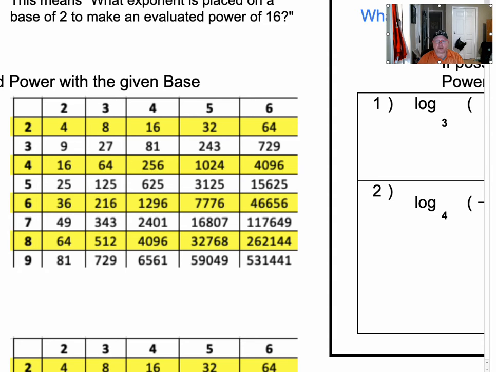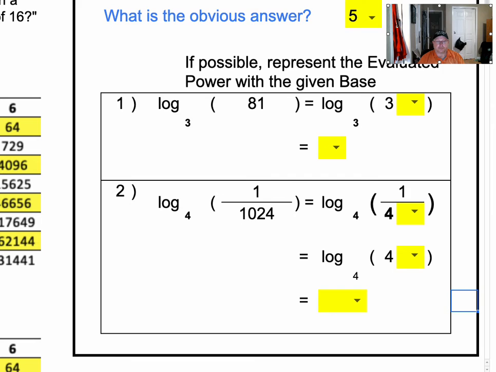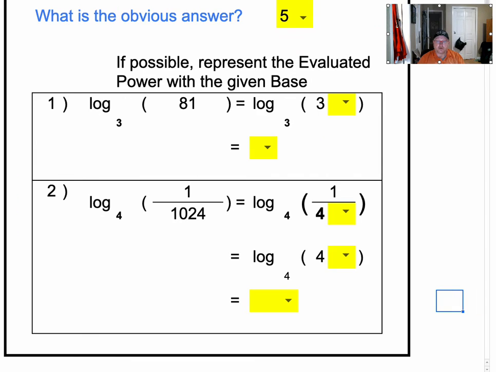Okay, so let's go back to the question. That means I have to put 3 to the 4 there. So log of 3 to the 4th to the base 3. In other words, what exponent do I put on 3 to make 3 to the 4th?